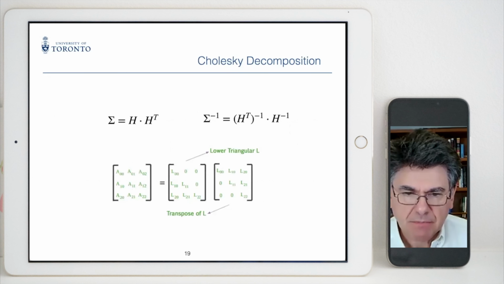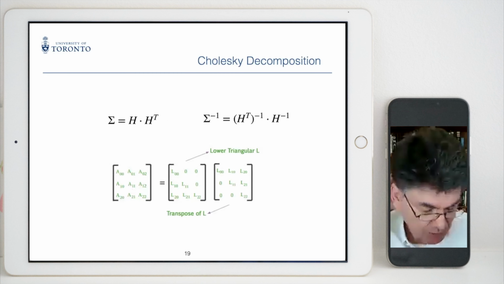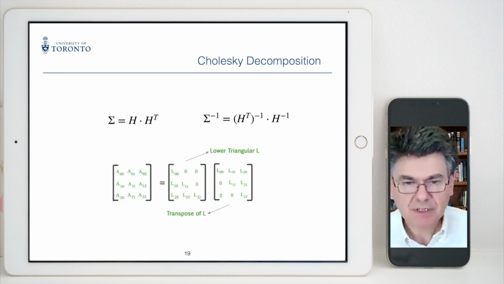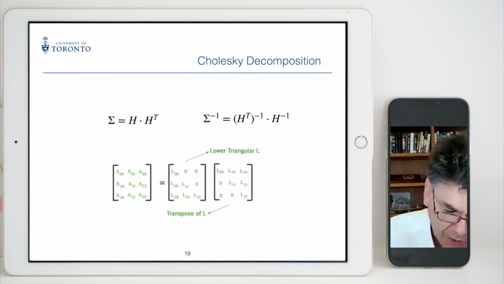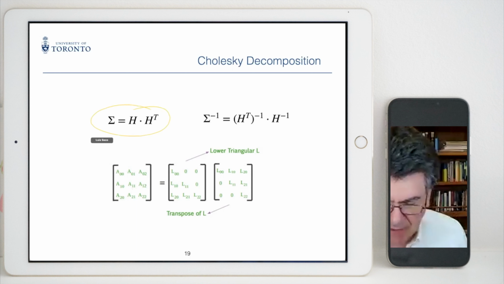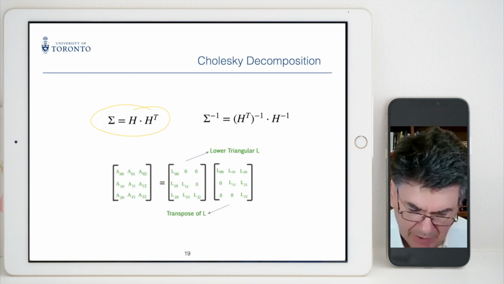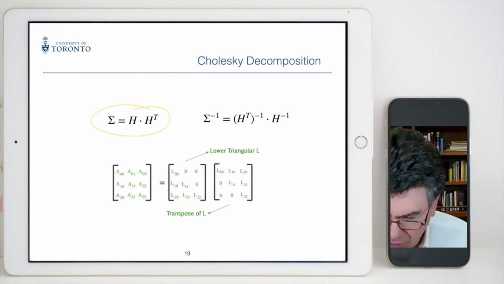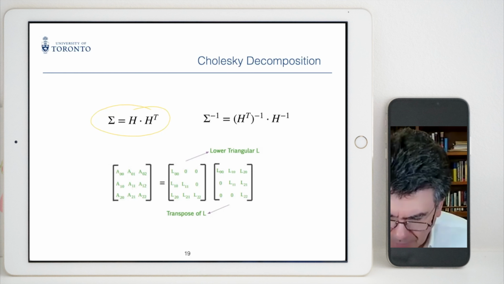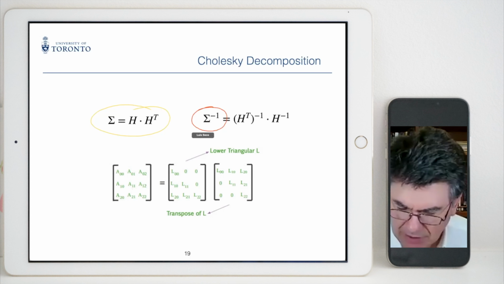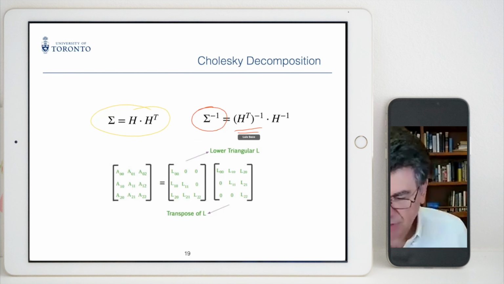I'll just walk you through how the Cholesky decomposition works. These are how the algorithms work. Given a matrix like that, there are algorithms for the Cholesky decomposition. I'm not going to go through the algorithm here, but I can tell you that the inverse of my matrix has another Cholesky decomposition, which is the same as the inverse of the Cholesky decomposition.